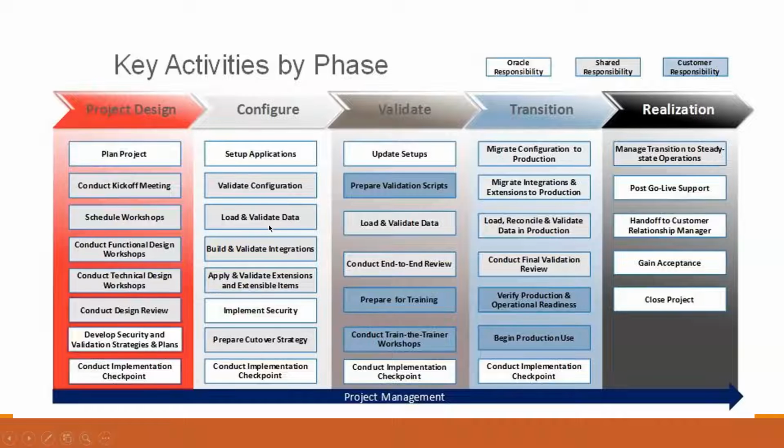We load and validate data. Load and validate is where we are talking about the customers, suppliers, and all those things. Build and validate integration, because when we say P2P or O2C, we are talking about different modules, and finally how the data flows to the GL. Then we apply and validate extensions.